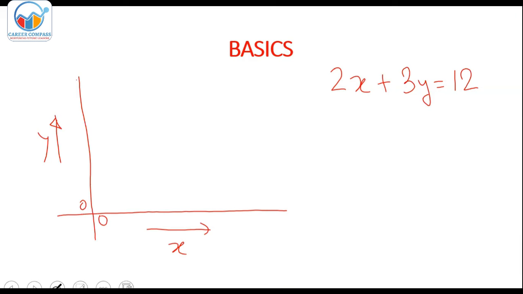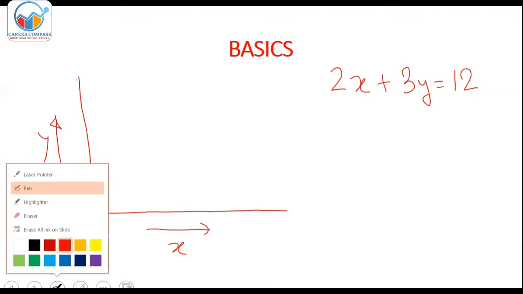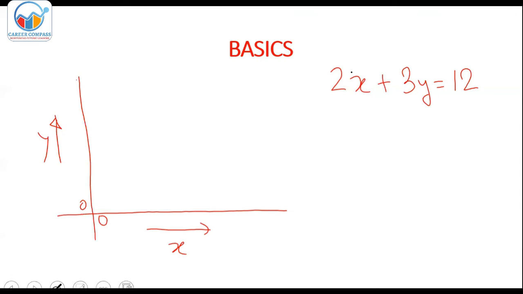If I put the value of x as 0, then the value of y will be 4. Similarly, if I put the value of y as 0, then the value of x will be 6.